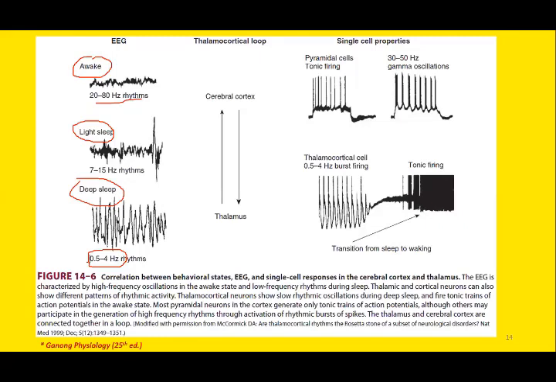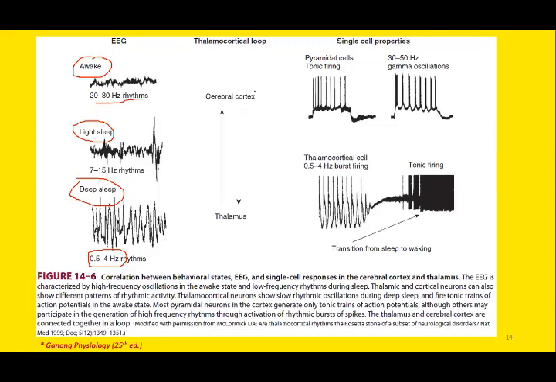That is stage 3, stage 4 of non-REM sleep. These are the deep sleep stages. So you can appreciate the drop in the frequency from 20 to 80. It drops to 7 to 15 during the light sleep, and it is almost close to 0.5 during the deep sleep.